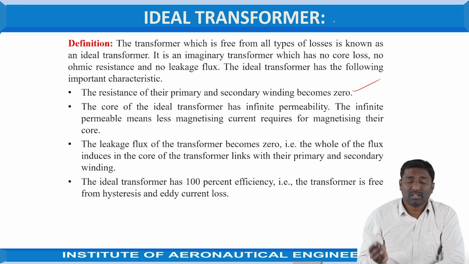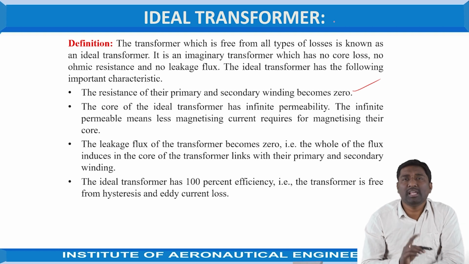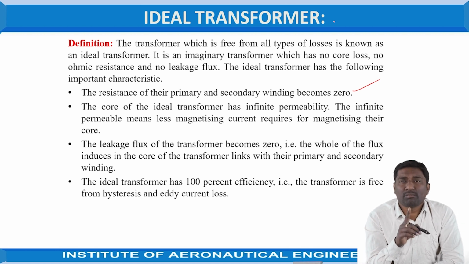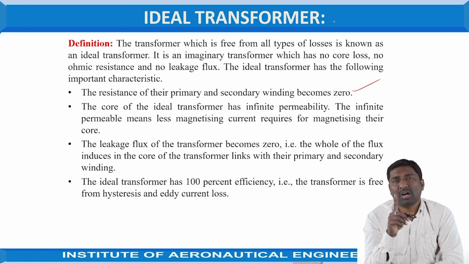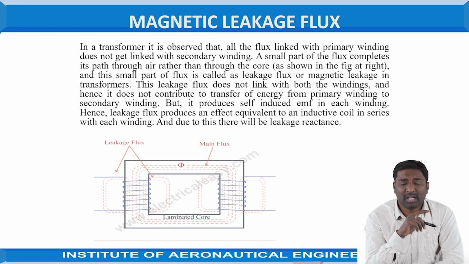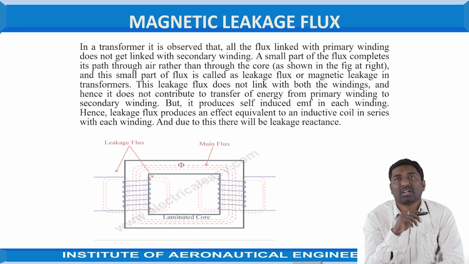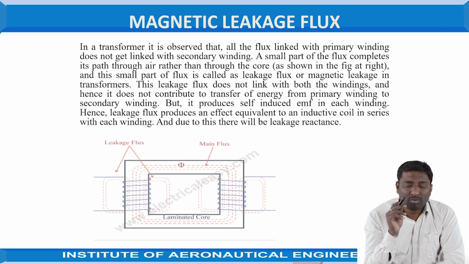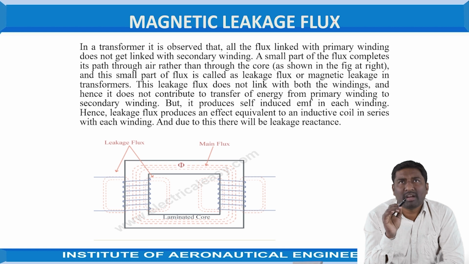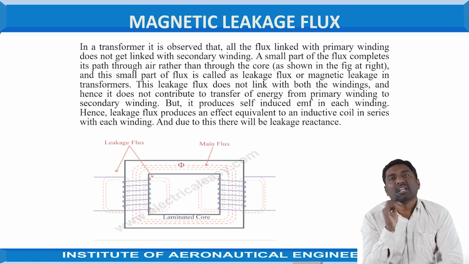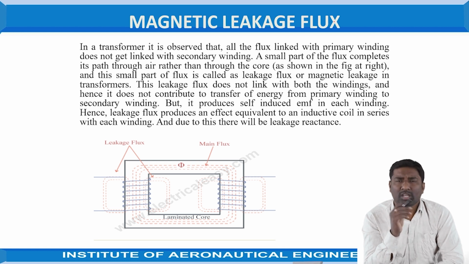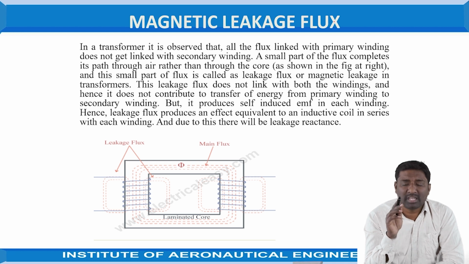Okay, definition. So here the transformer principle mainly depends on flux as well as turns. So what is meant by magnetic leakage flux here? In a transformer, it is observed that all the flux linked with the primary winding does not get linked with the secondary winding also.